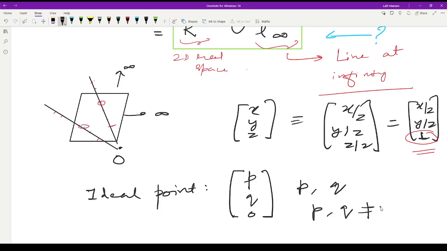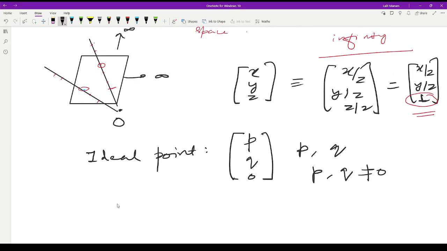So both simultaneously cannot be 0. P equals Q can be there, but both of them cannot be 0 simultaneously because our projective space does not contain the origin. Okay, so given that you have an ideal point, what is the line at infinity?